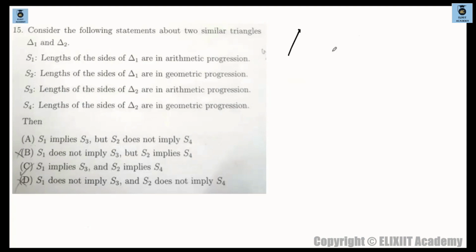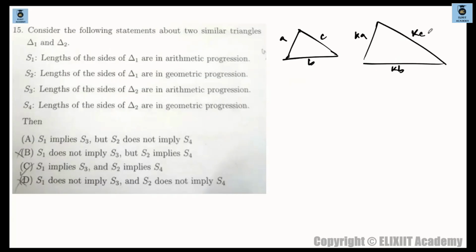Let's say we are having two similar triangles. One triangle is having sides A, B, C, and the second one is having KA, KB, and KC.